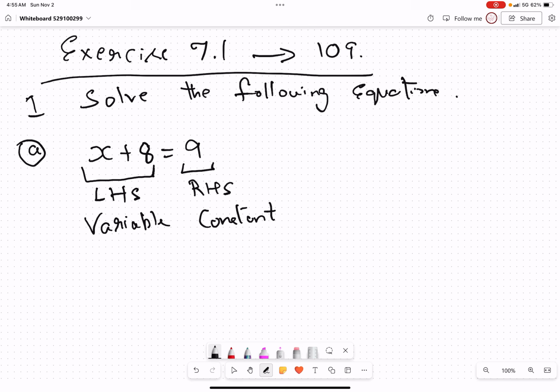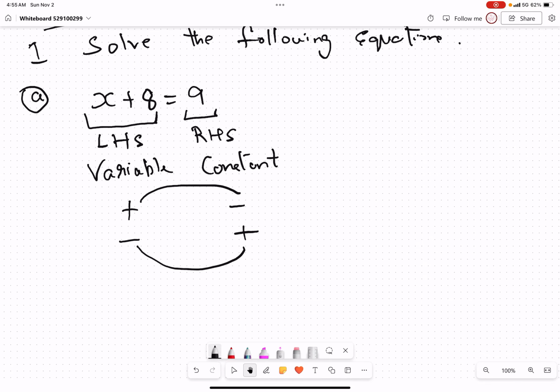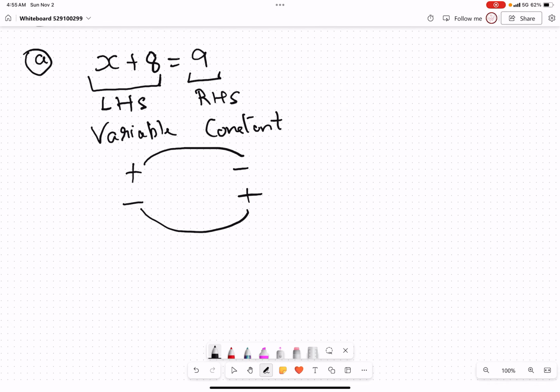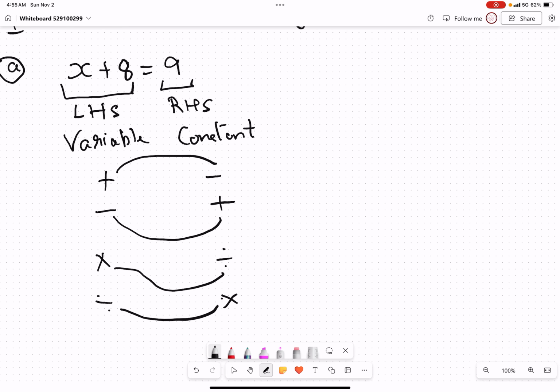And when any variable or constant moves from left hand side to right hand side or vice versa, if it is positive, it becomes negative. If it is negative, it becomes positive. And if it is multiplication, it becomes division, and if it is division, it becomes multiplication. You'll understand this as we keep on solving the problem.